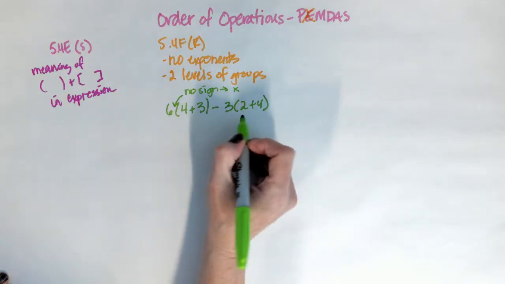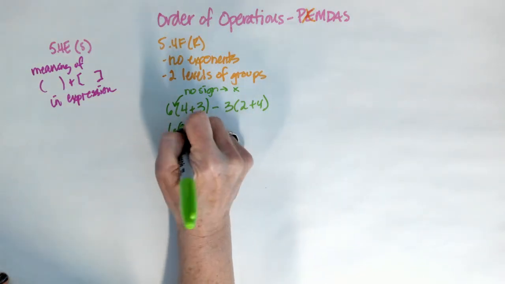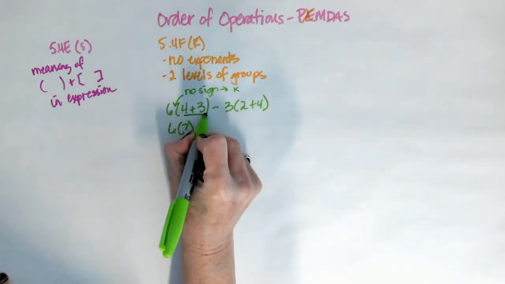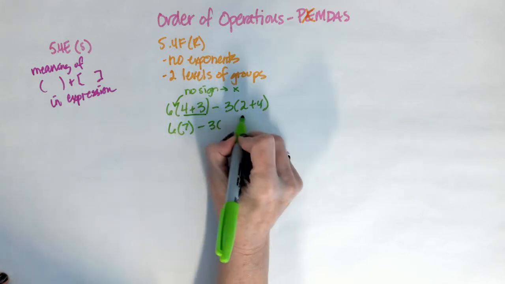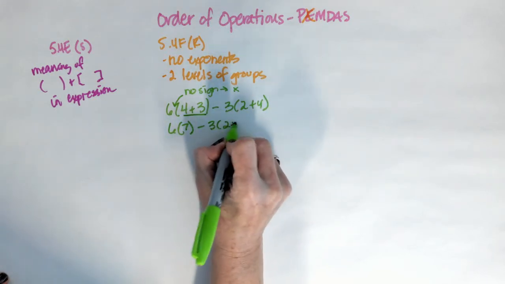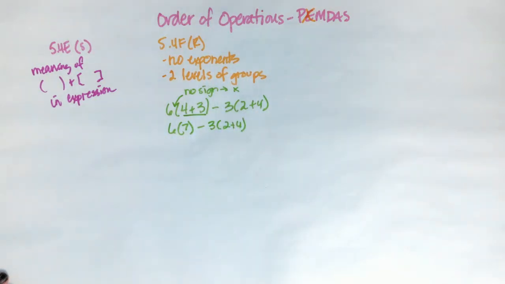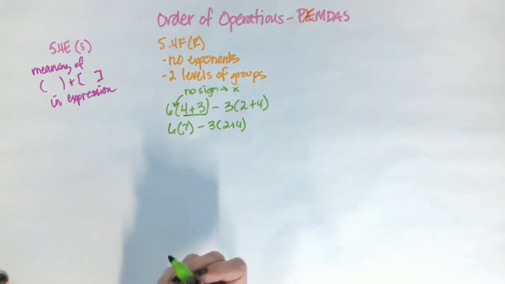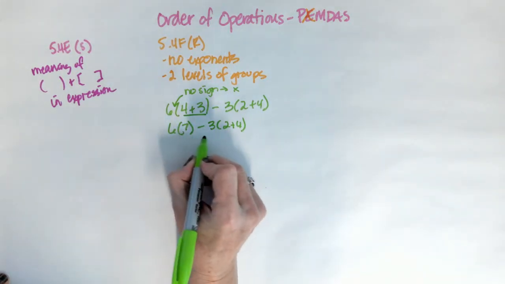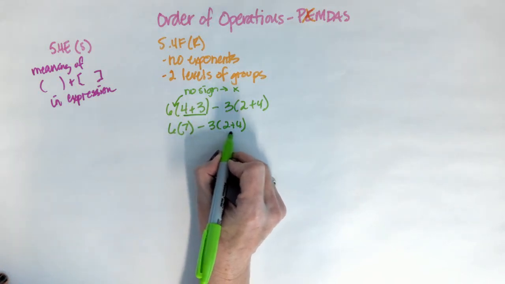Now, so we're going to start solving this. We would have 6, and we're going to solve one part at a time. We aren't going to let kids go ahead and solve this. We're going to solve one part at a time. Now, something that kids tend to mess up next is if I had 42 minus 3 times 2 plus 4.